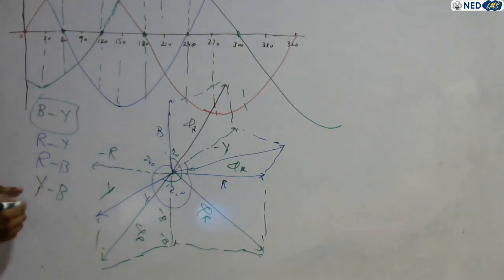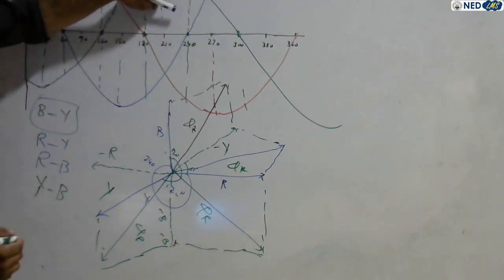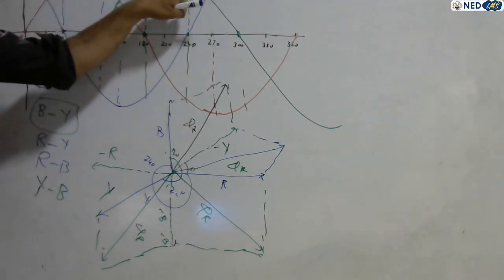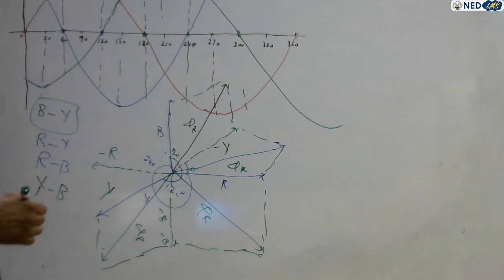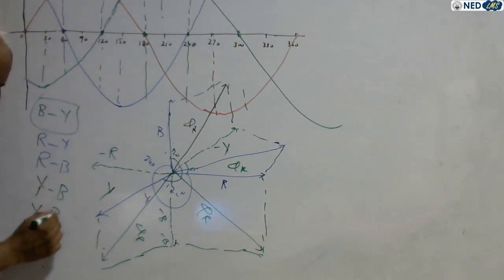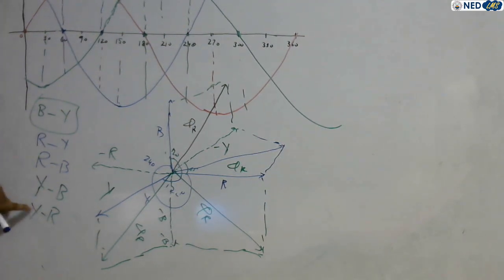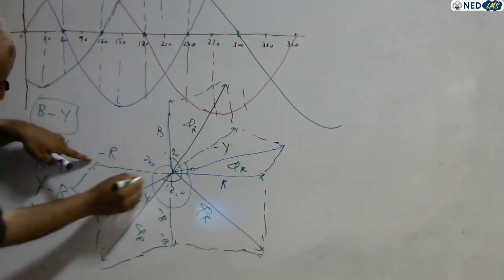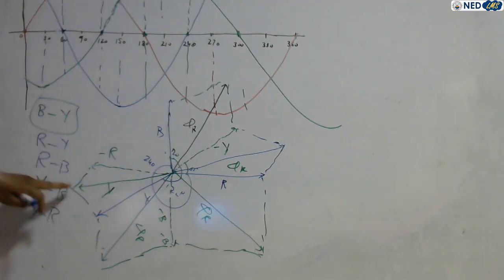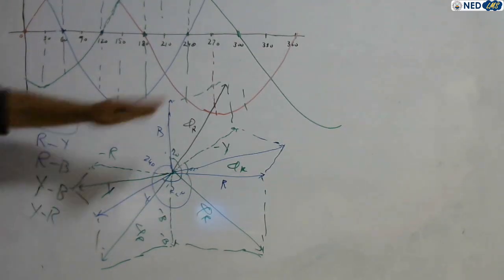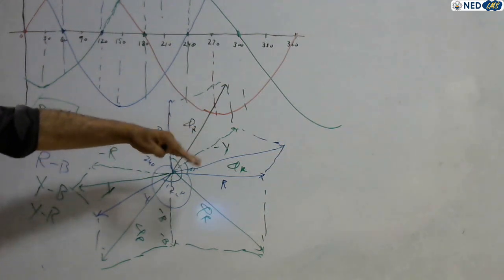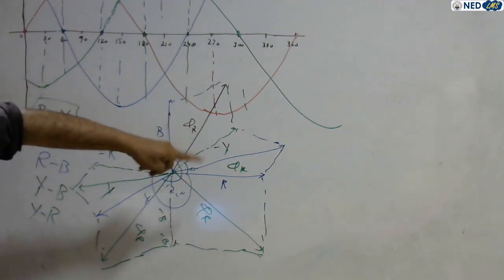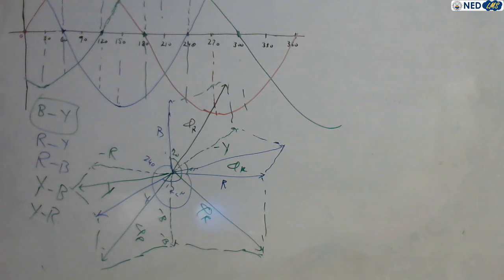So now negative red and positive yellow, yellow minus R. So the equivalent comes over here. See, the equivalent vector rotates, it is rotating, the phi r. See the phi r, right?